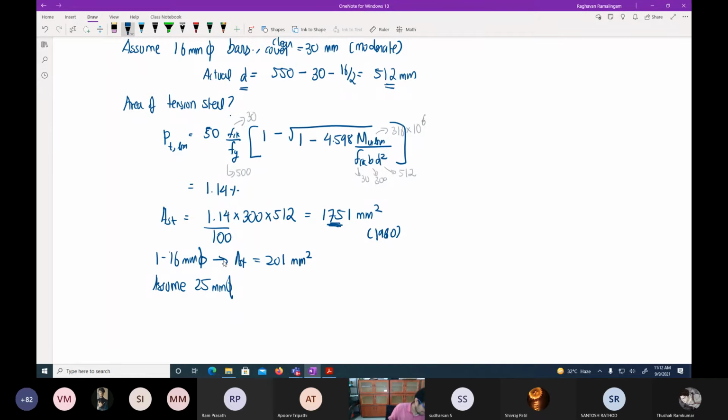Okay, so I have come up with a solution like this. Sometimes it requires a bit of iteration.